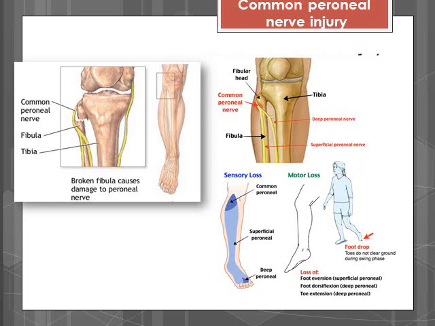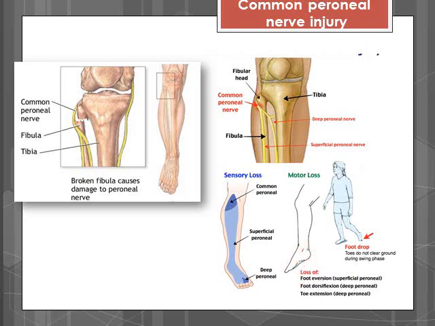The motor effects include paralysis of the muscles of the anterior compartment of the leg, leading to foot drop, and also the muscles of the lateral compartment of the leg, which leads to inversion of the foot. The deformity is called foot drop with inversion.